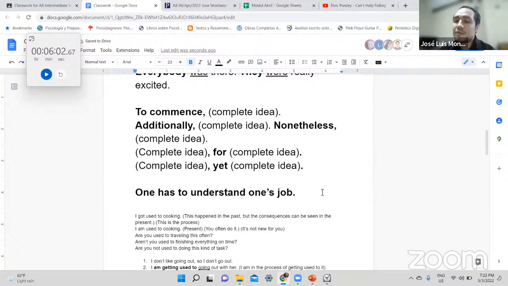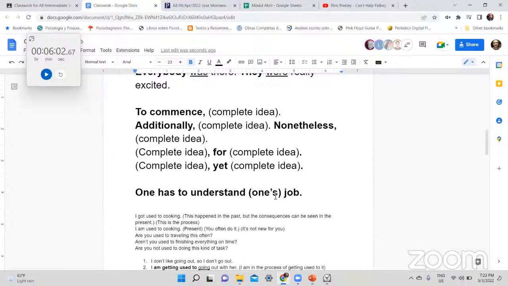And what do you think can be another option? Thank you, Daniel. This is going to be for you, Paola. What is the other option? If I don't want to use "one" again, because I'm repeating one, what possessive can I use here, Paola, if I want to be neutral and formal? Okay, yes, that's one option.